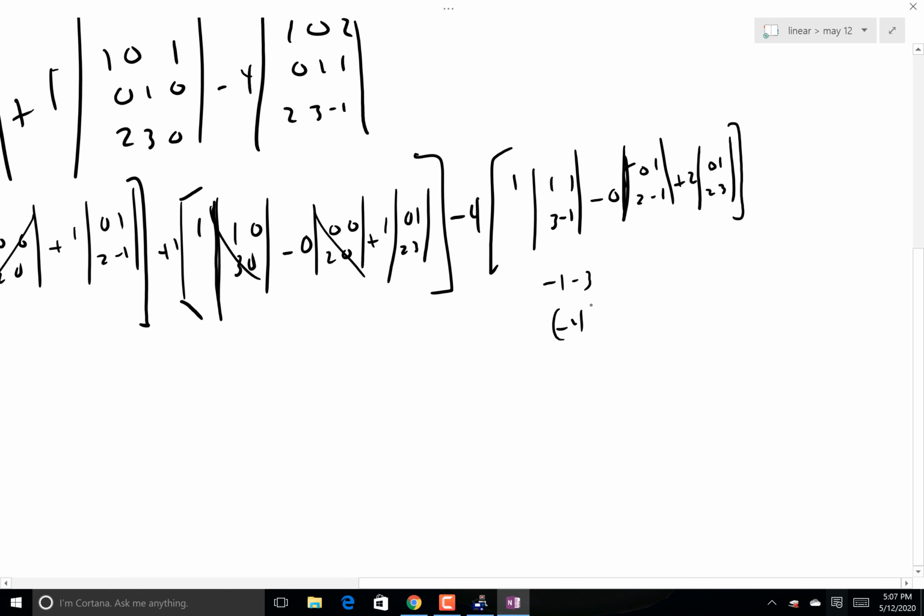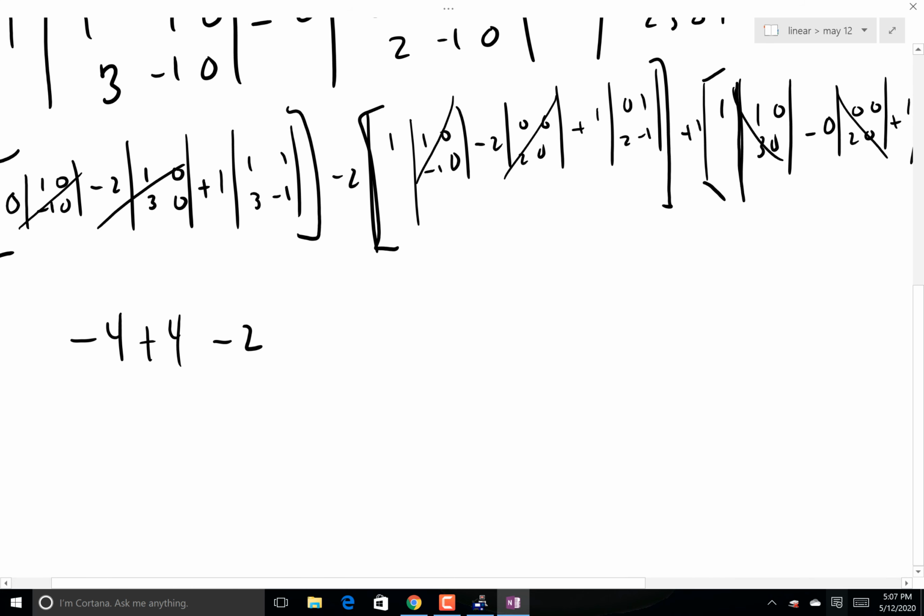So negative 4. And then you're going to have 0. And then you're going to have minus 2 times 2 is negative 4, and then times negative 4. So negative 4 is negative 8. Times negative 4 is positive 32. So 30 should be our answer.